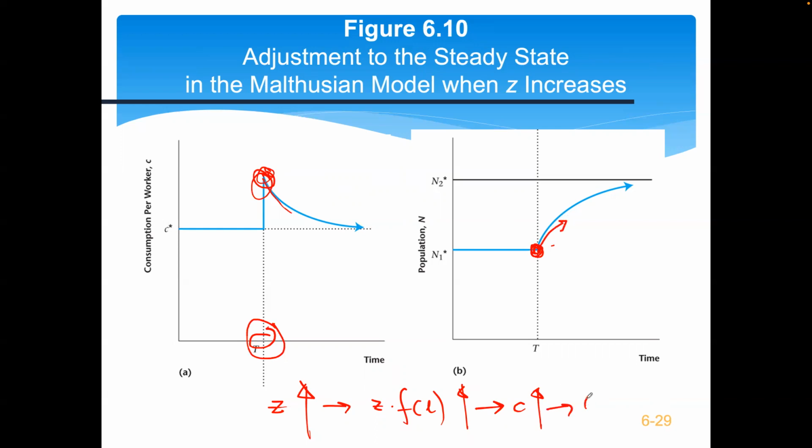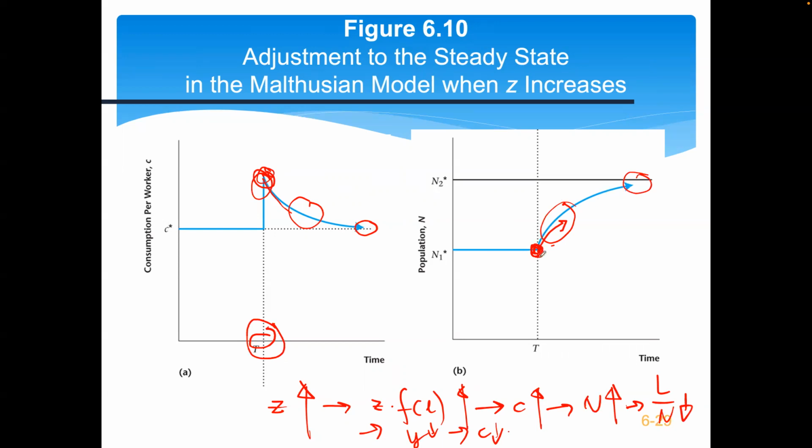C is going to lead the population to grow. So let's capture this part. Now the population grows, and that's going to lead to L divided by N declining. Hence, that's going to lead to Y decline and a C decline. So that's going to be captured by this part. So eventually we are going to return to here. You're going to return to here, right?